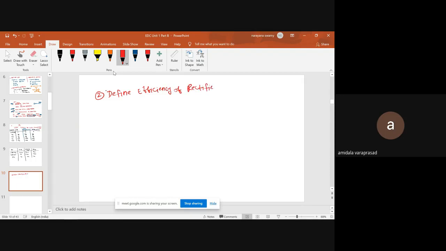The answer is: efficiency is PDC by PAC into 100, as a percentage. It is the ratio of DC output power to AC input power. It is called efficiency.